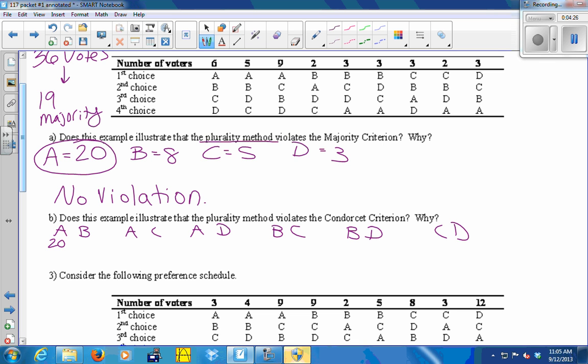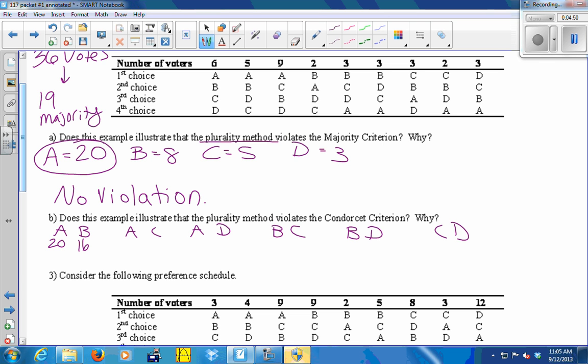Yeah, B actually gets all the remaining votes, because every other column B is ranked higher than A. So of 36, 20 go to A, and the remaining 16 go to B. So even though B got every other vote, A won here, because A has a majority.